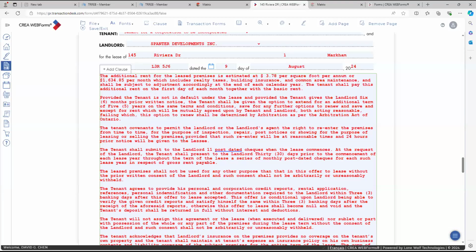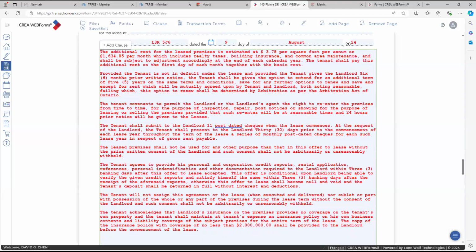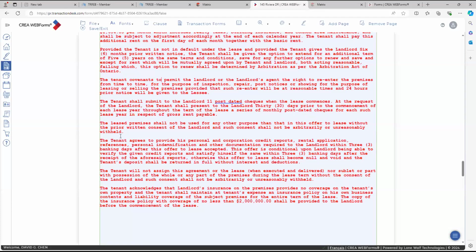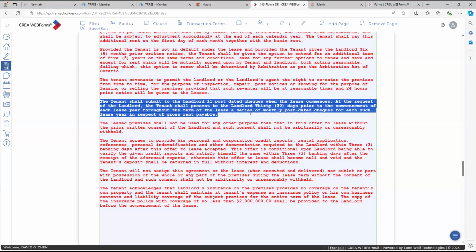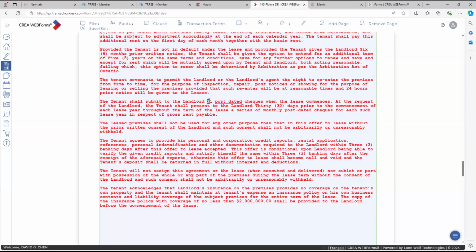Okay, and for the other terms, I don't need to touch anything. I only need to point out something important to you. Here it may be post-dated cheques. If you have a 5-year term, the first month is already paid, and the last month of the 5 years is also paid, not the first year's 5 months. So that's why you need 11 post-dated cheques.